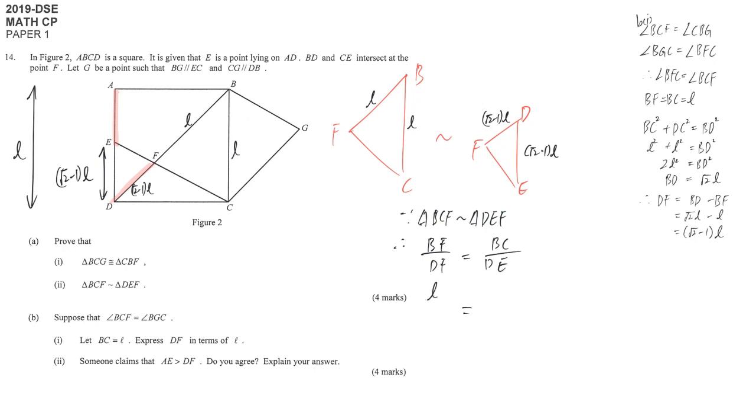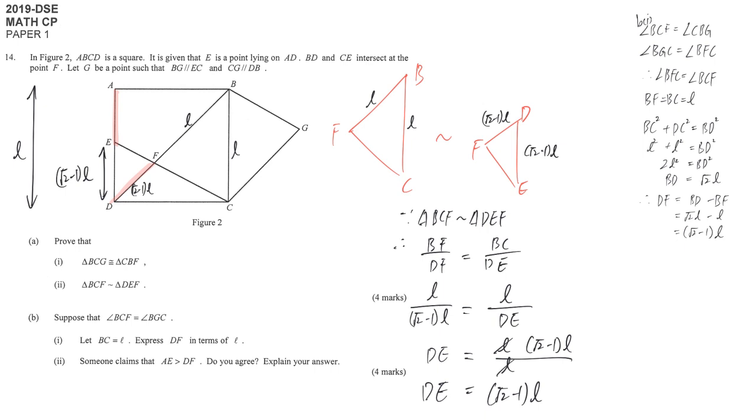Then we write down the values except DE. Therefore, DE is equal to L times square root 2 minus 1 times L divided by L. DE is square root 2 minus 1 L also.